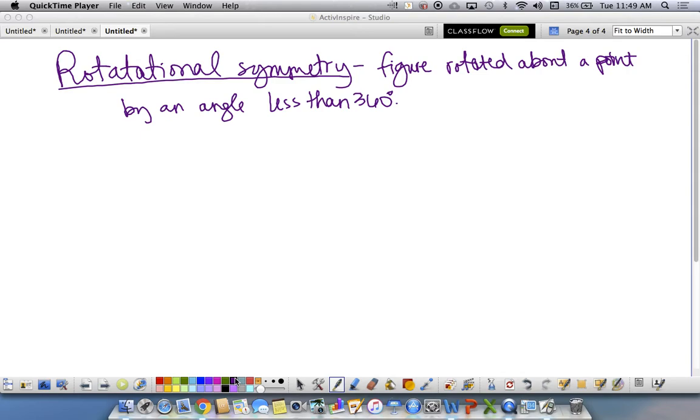The angle of rotation, that's an important one. Angle of rotational symmetry.